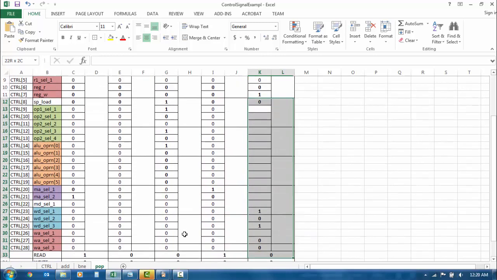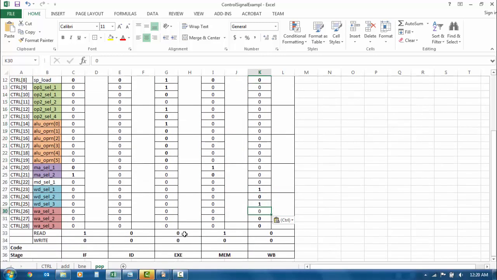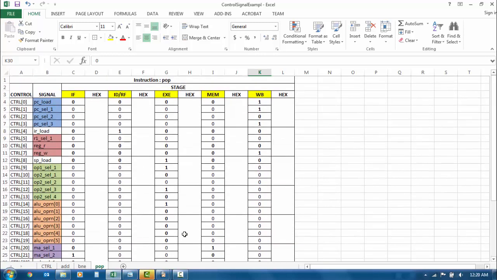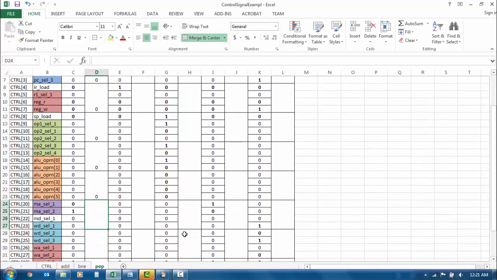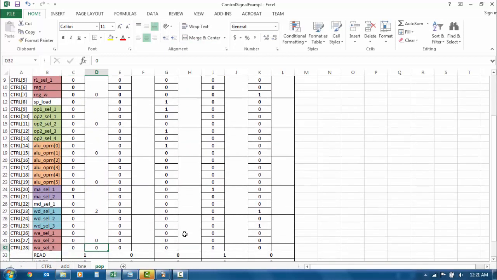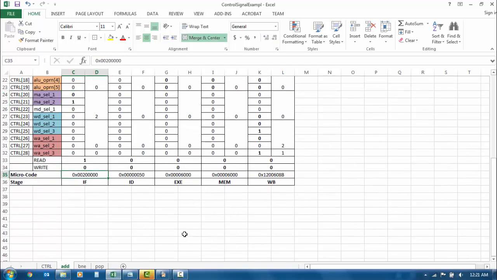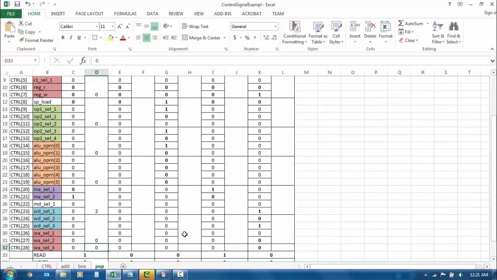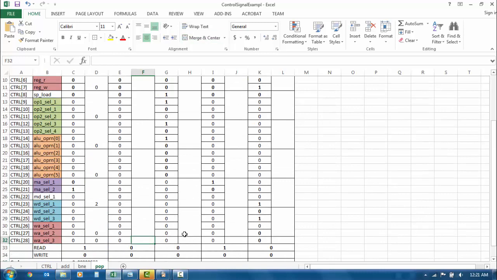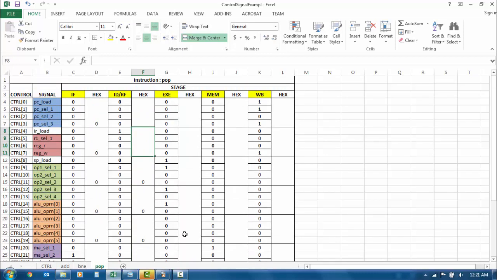So here it goes. Okay, so we pretty much filled out the table, and then we can make the hex code. Here is 2 0 0. I believe its instruction fetch code is pretty much standard so far. And then this guy becomes 0 0 0 0 0 0. This is 1 0.